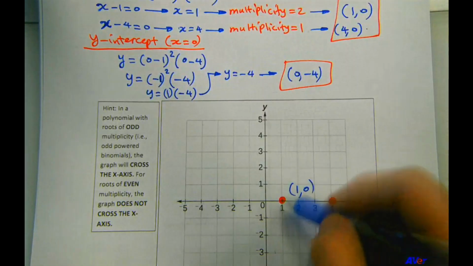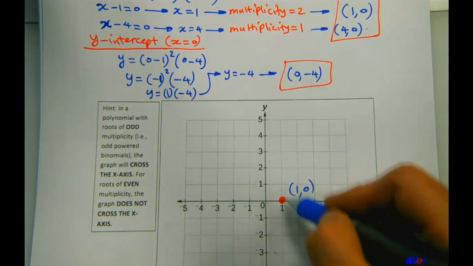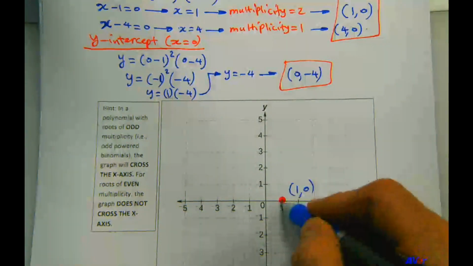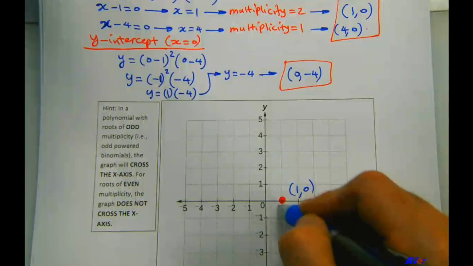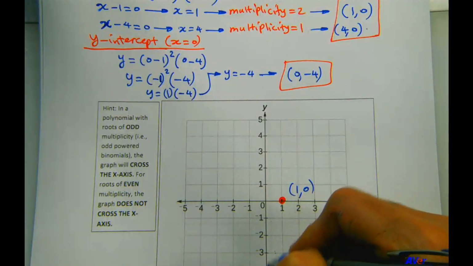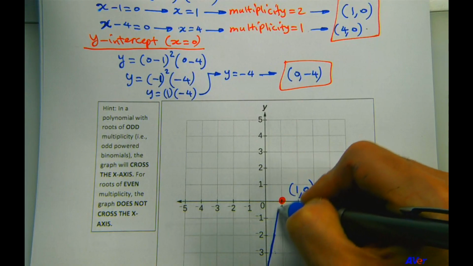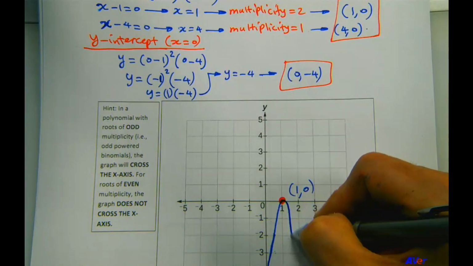So if we have a y-intercept on this side and we have an x-intercept here, the line must be coming from here. So the line must be doing this. Must be doing like that. Notice, because of the even multiplicity, I'm going to hit this. I'm not going to cross it. The line is going to touch the x-axis and bounce back to the same side.